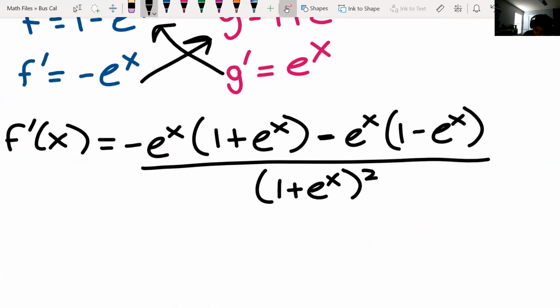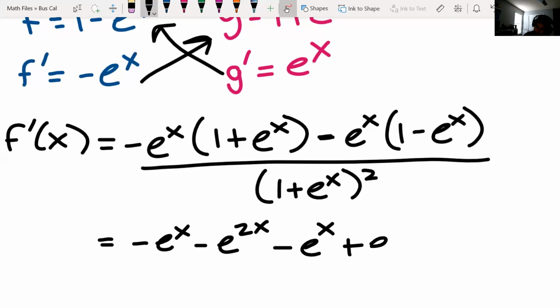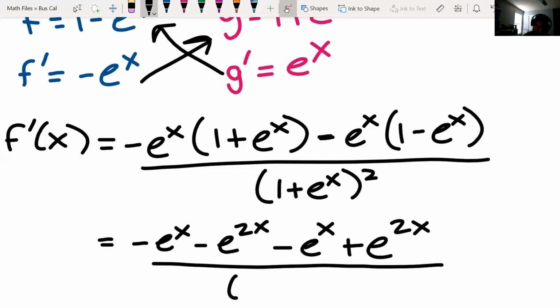We distribute: negative e to the x minus e to the 2x minus e to the x plus e to the 2x, all over 1 plus e to the x squared.